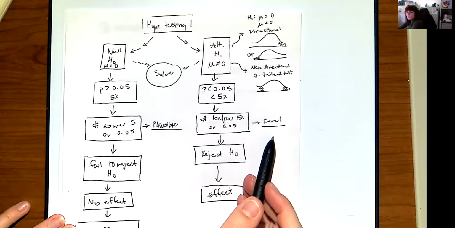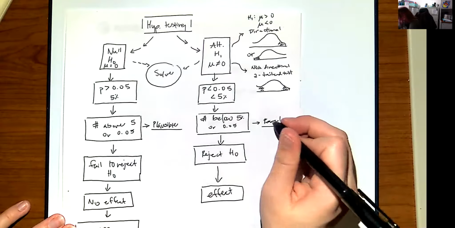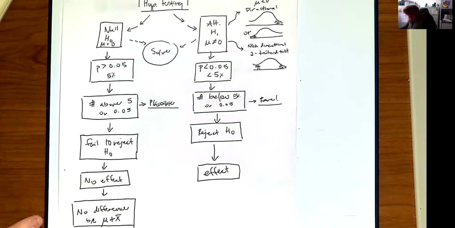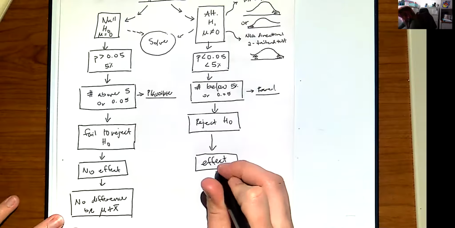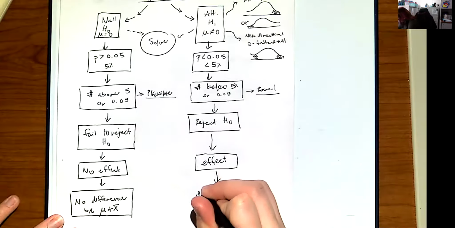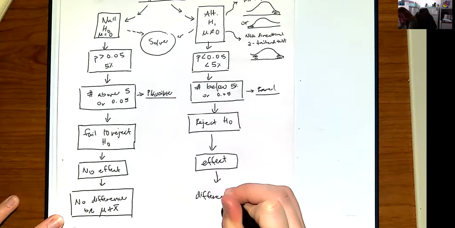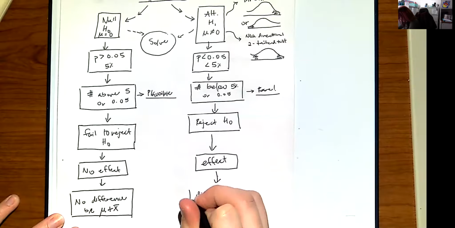But what we really want to do is we want to say that our results are rare. So we have evidence of an effect. Our treatment worked. There is a difference between two groups. We can lastly say that there's a difference between mu and x bar.